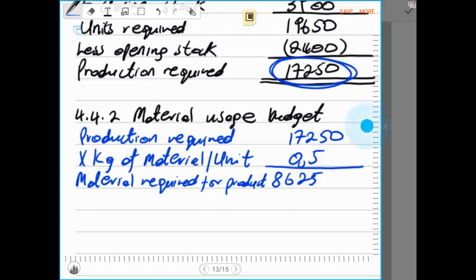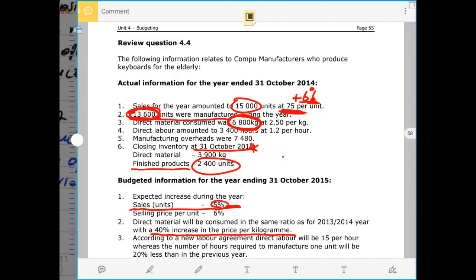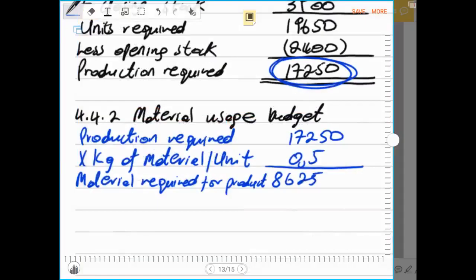There was material that was in the business at the beginning of the year already. There was an opening balance of material. And remember, the 8,625 includes also the material that was already in the opening balance.